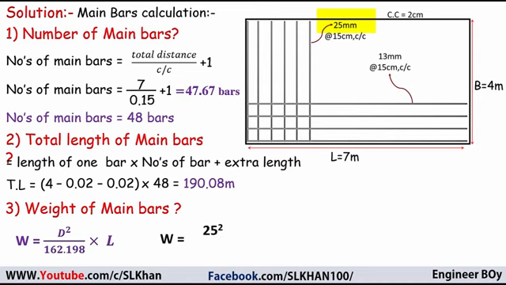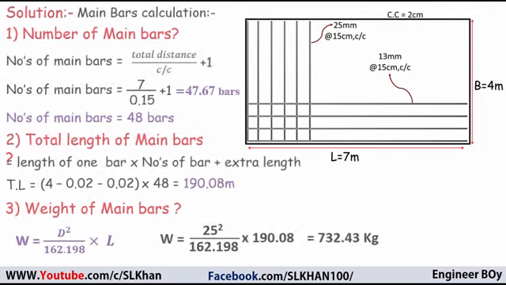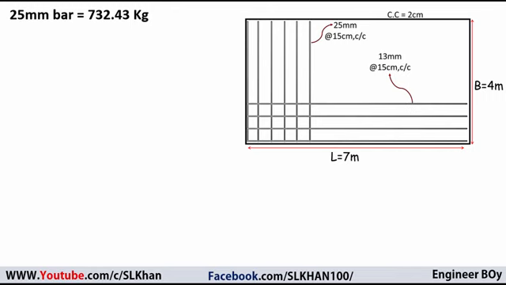So 25 square divided by the same figure times the length, which was calculated just a few seconds ago, and that is 190.08. So doing the multiplication, we get of course 732 kg as the weight for the main bars. So this means we're going to order 722 kg of 25 mm bars.